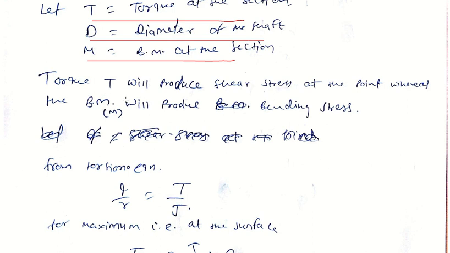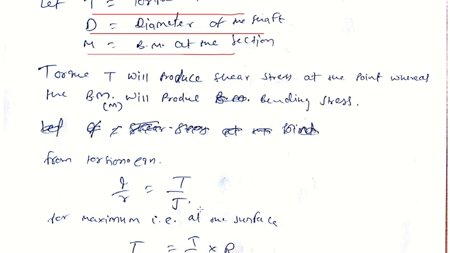Now from the torsional equation we know the shear stress at the point Q, at a distance R from the center, is equal to the torque produced by the shaft divided by the polar moment of inertia.